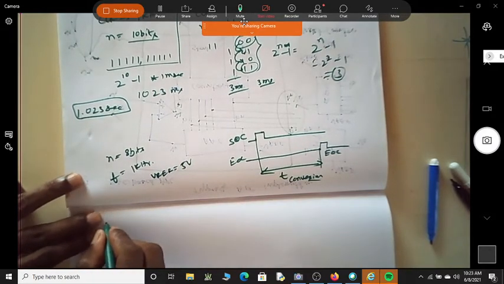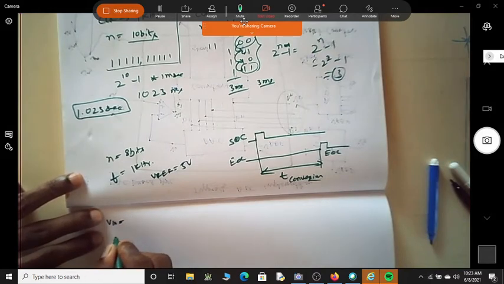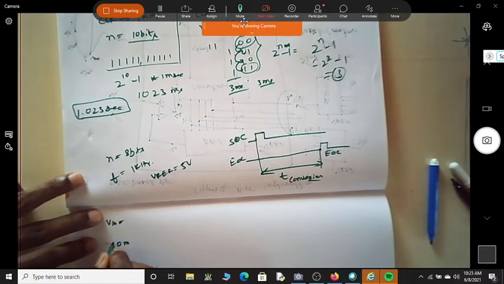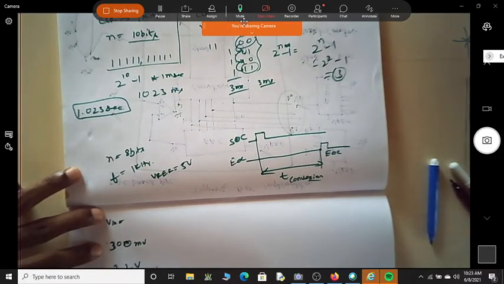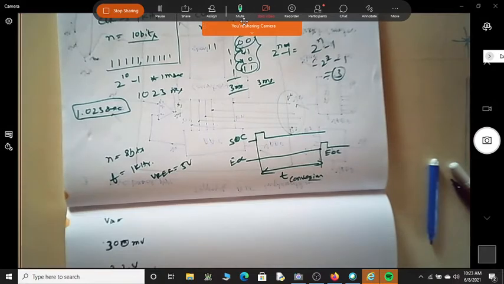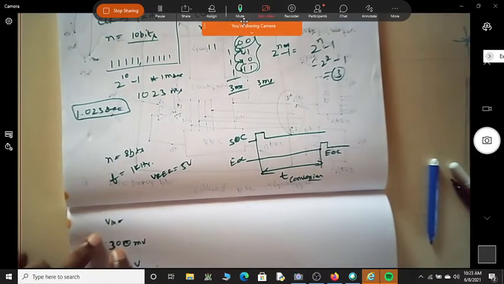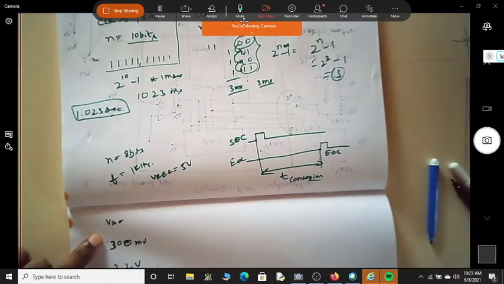And let us consider input voltages of 300 millivolts, 2.2 volts, and 4.8 volts. I have input voltages of 300 millivolt, 2.2 volt and 4.8 volts.